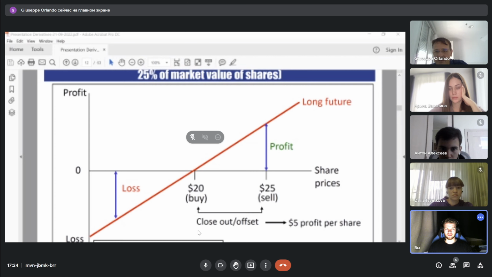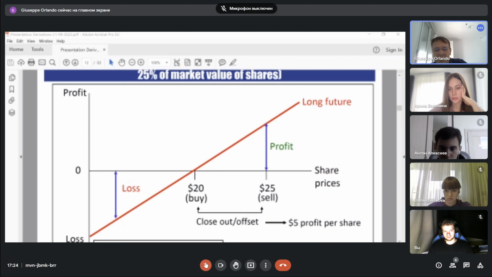So when the price goes up, you will get $5. Yes, for each 25%, you will get $5. And then if the counterparty defaults, your risk is just $5.